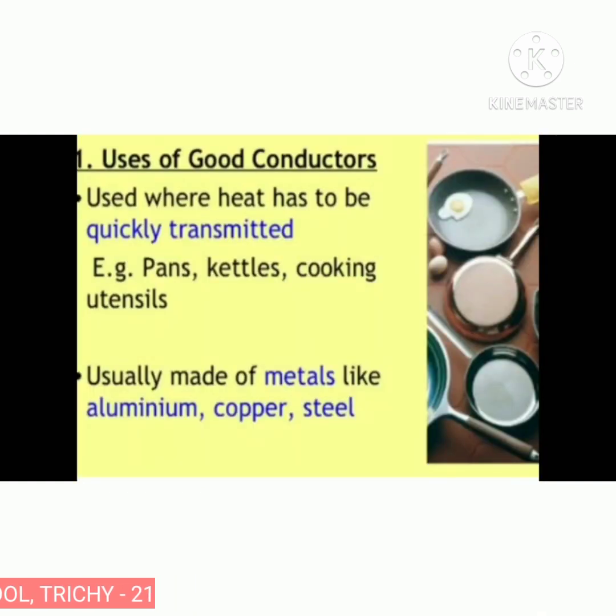Do you know, children? All metals are good conductors of heat. The substances which do not conduct heat easily are called bad conductors or insulators. For example, wood, cork, cotton, glass and rubber are bad conductors or insulators.